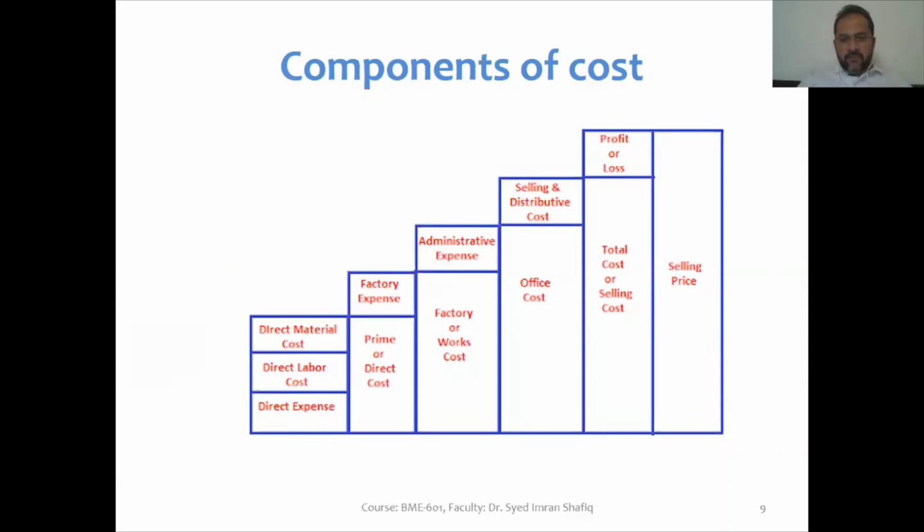And when administrative expenses are added to this factory cost, it becomes office cost. And if selling and distribution cost is added to this office cost, it becomes the total cost or the selling cost. And on top of it, if we add the profit we want to earn or the loss we can bear, it becomes the selling price of a component. So these are the different components of a cost.